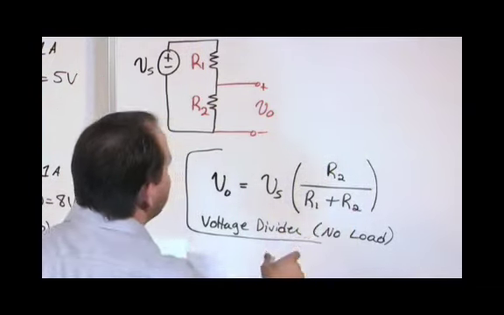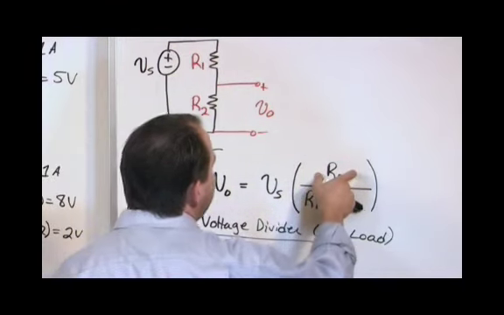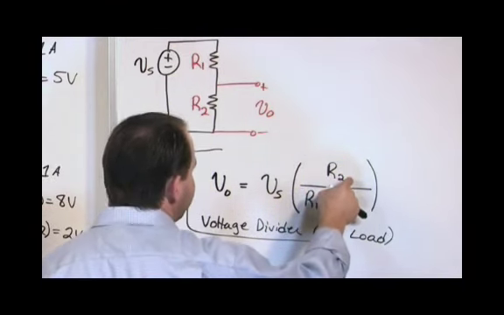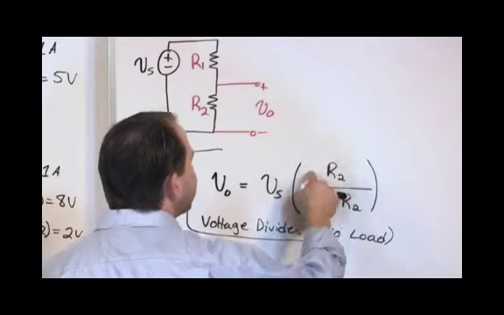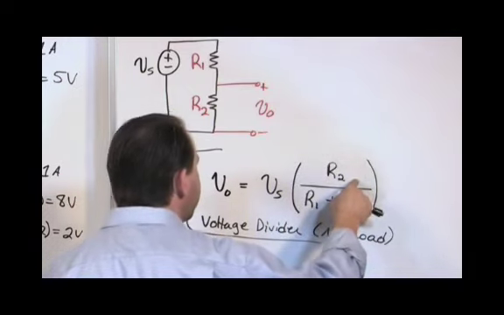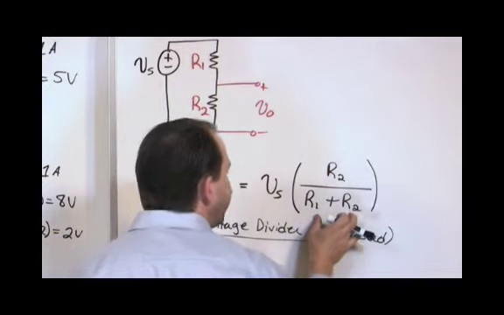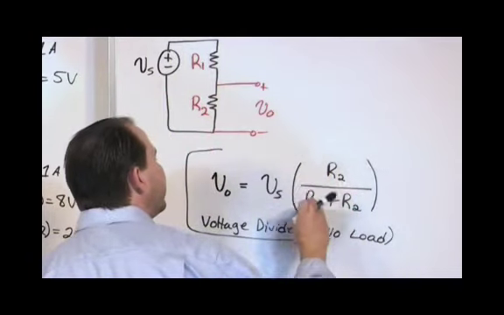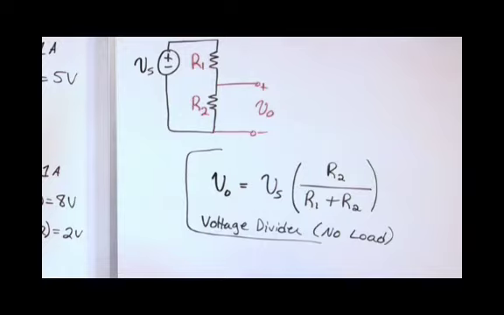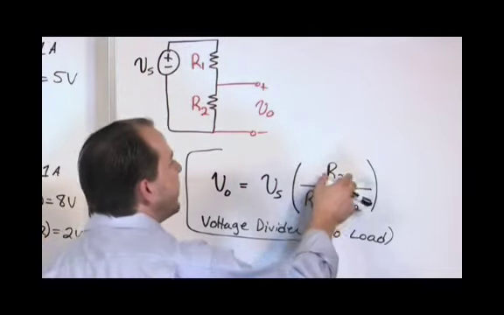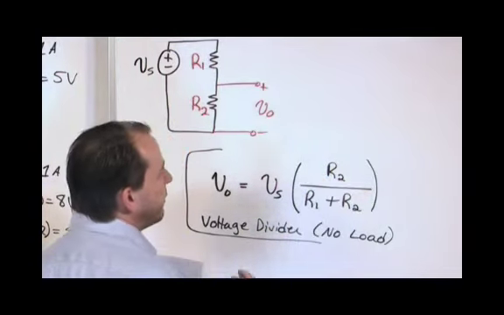In other words, if R2 is very, very big, if it's the largest guy, then this numerator is going to dominate, and the denominator, since it's R1 plus R2, is going to be just a little bit bigger. So this fraction is always going to be a number less than 1. But if R2 is very large, it's going to be a number very close to 1.